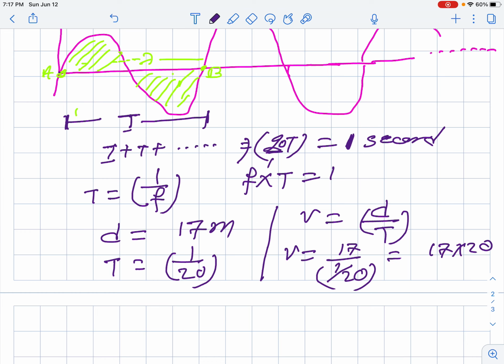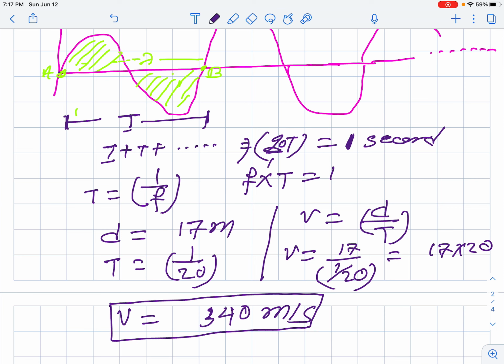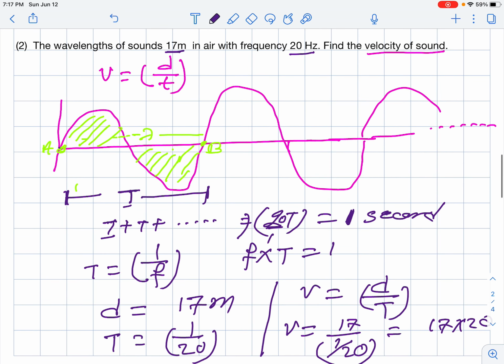So the velocity of the sound, V, equals 340 meters per second. This is how you calculate the velocity of sound if the frequency and wavelength are given.